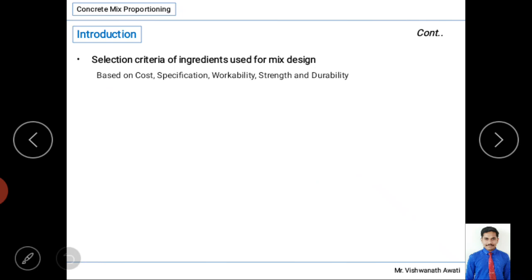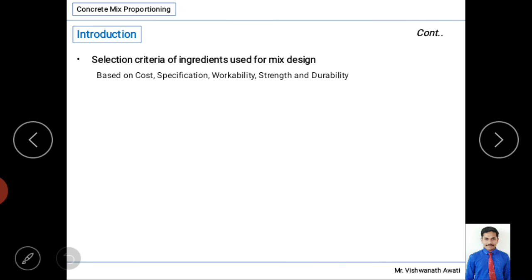Then we have specifications. For example, if they need high strength concrete, like M85 or M80, we have to go according to the specification requirements. It all depends on the specification, like how much strength is required, and also workability.